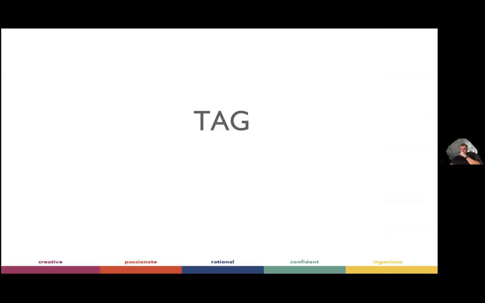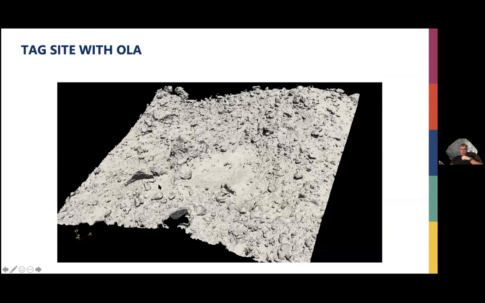All right, just a few little slides on TAG. This is what the TAG site looked like with OLA, and I should really know the exact dimension here, but I've forgotten it. You can see the TAG site is a smooth area in a crater, but there are still some significant rocks, and certainly this big rock at about the 10 o'clock on the crater, this big mound.